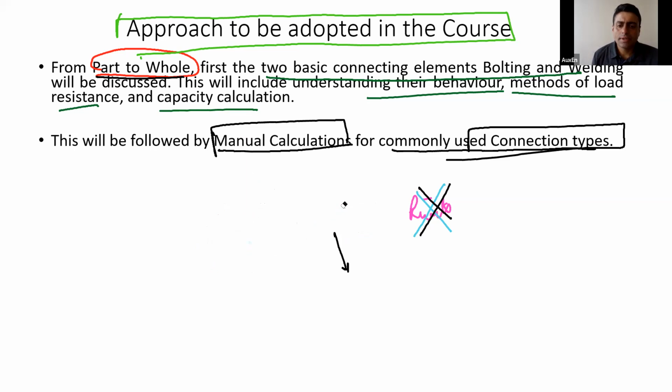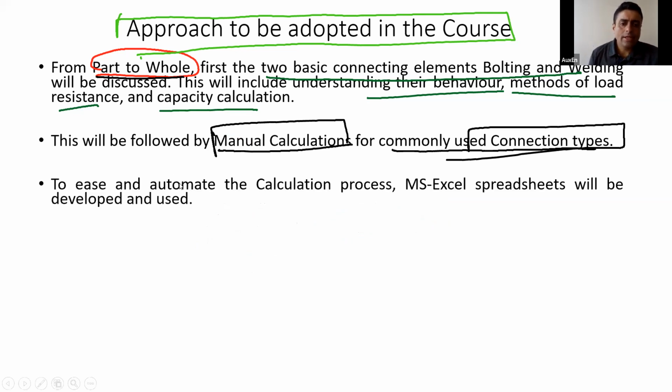So we will begin by doing some simple manual calculations. Then after doing manual calculations for the connection types which are quite often used, we will ease the process and automate the process by developing some Excel sheets.